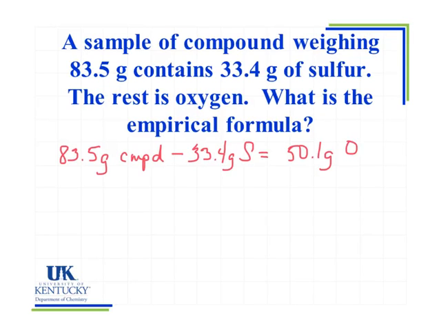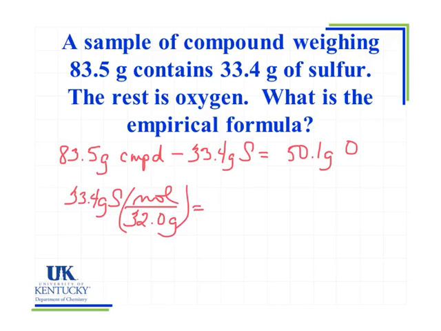When we're trying to find empirical formulas, what we've got to find is the molar ratio between the elements in that compound. So we're going to look at our sulfur first. We know we have 33.4 grams of sulfur, and I want to get that into moles, and our molar mass of sulfur is 32.0 grams per mole.